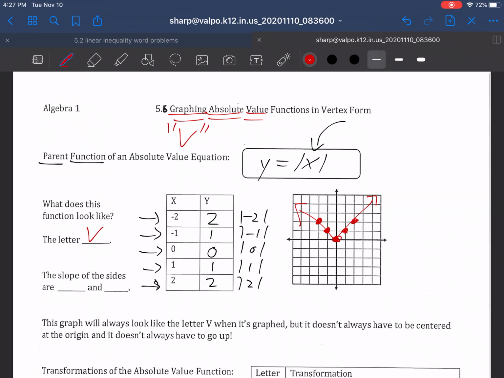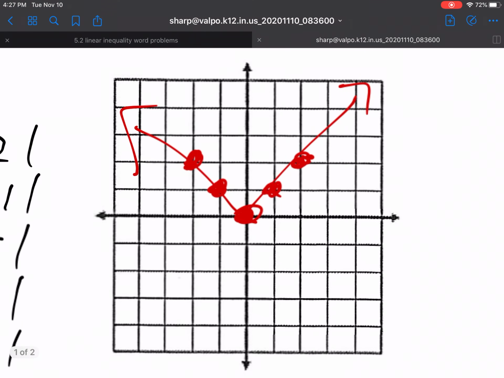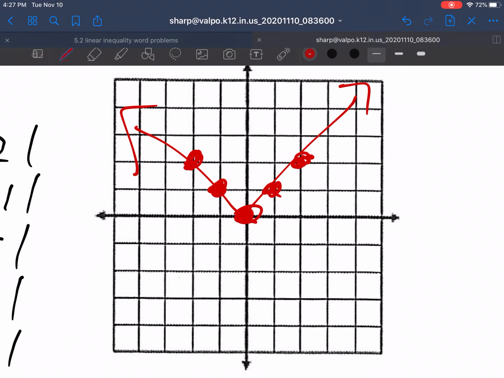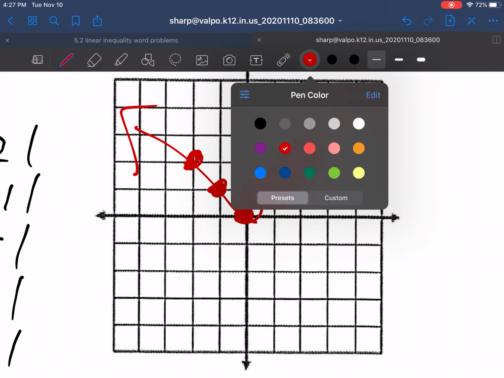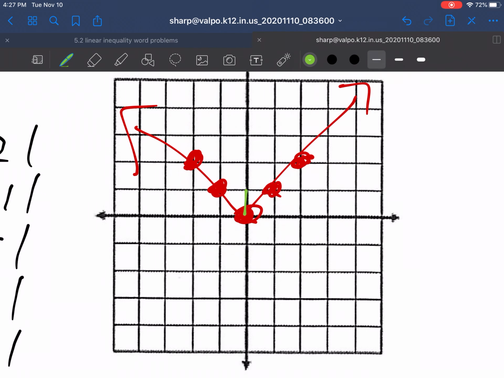What you'll notice if I zoom in on this graph and count out my slope, which is rise over run, is that if you rise 1, run 1, rise 1, run 1, rise 1, run 1, and it would look more appropriate if I actually put the rest of these dots where they belong.